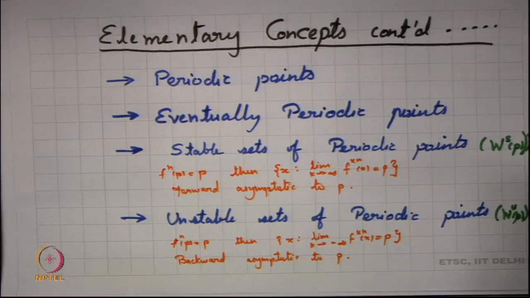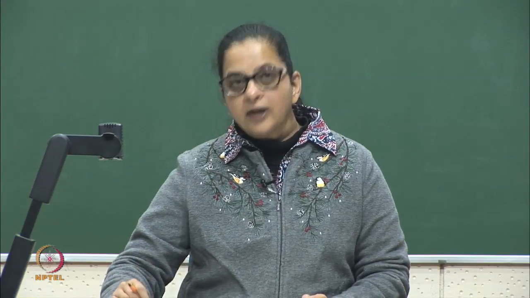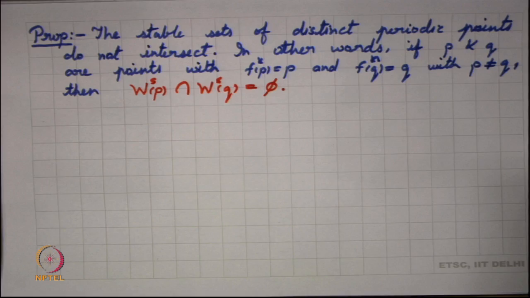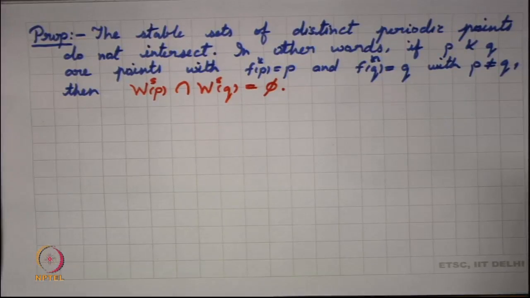Now, with this recalling of the definitions, let us look into the properties. Today we will be doing the first proposition that we have in this course, and that is regarding the stable set. The proposition says that the stable sets of distinct periodic points are disjoint.